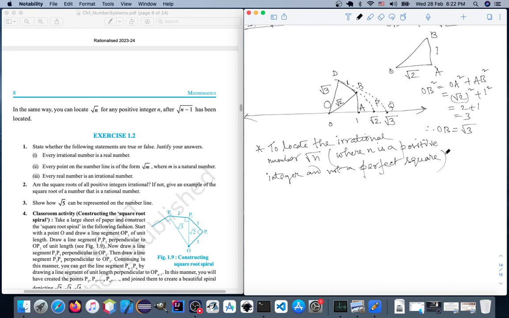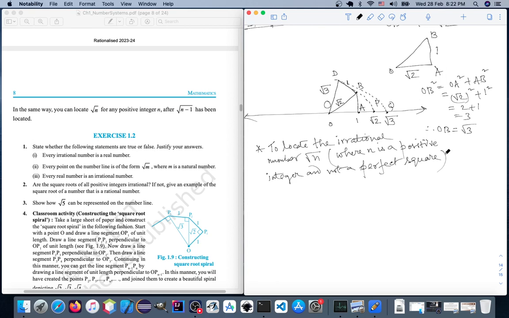What do we mean by perfect square? Like, it is not 4, it is not 9, it is not 16, it is not 25. So it is not a square of another number. That is what we mean by saying that n is not a perfect square. So n is a positive integer and not a perfect square.